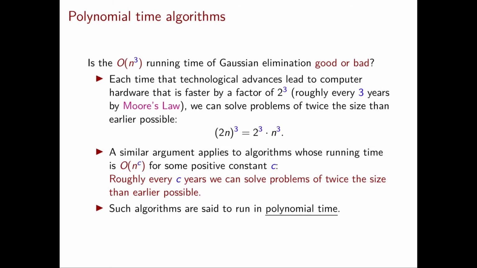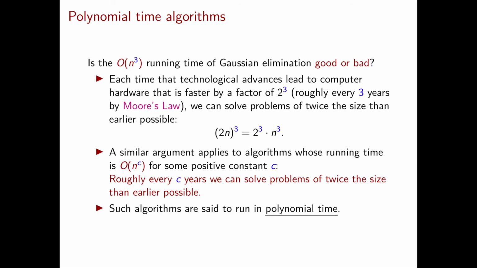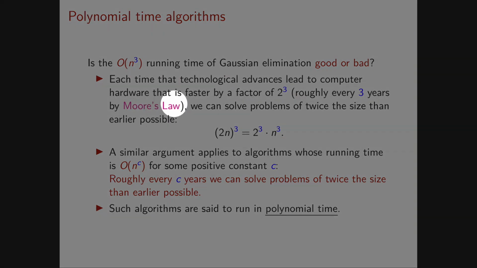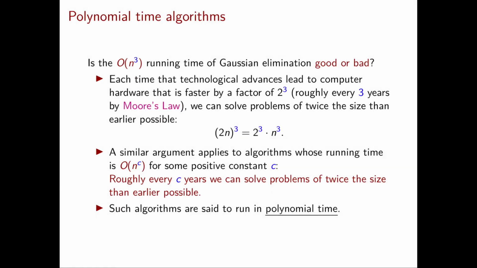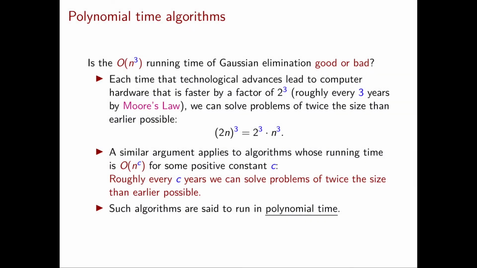Let's say that at this point in time, we are able to solve with our computers problems of size n. Then Moore's law tells us that in 3 years, more or less, our computers will be faster by a factor of 2^3. Therefore, in 3 years from now, we will be able to solve problems that have size 2n, so double the size of the problems that we can solve today.